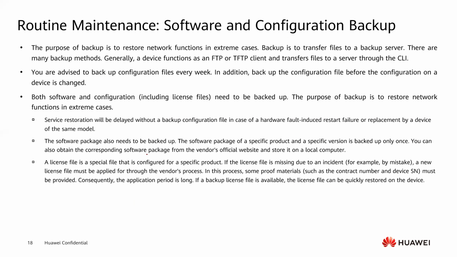Then we see the routine maintenance: software and configuration backup. The purpose of backup is to restore network function in extreme cases. Backup is to transfer files to a backup server. There are many backup methods. Generally, a device functions as an FTP or TFTP client and transfers files to the server through CLI commands.